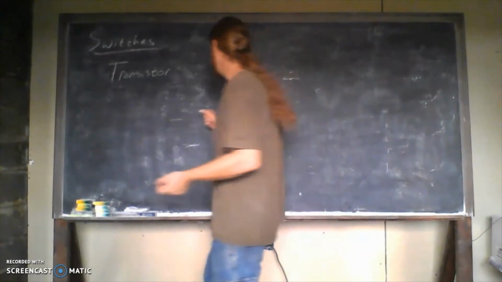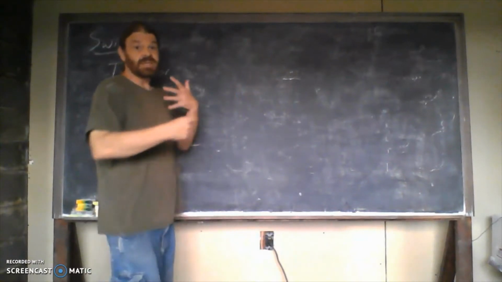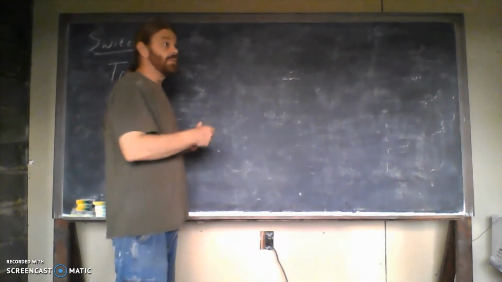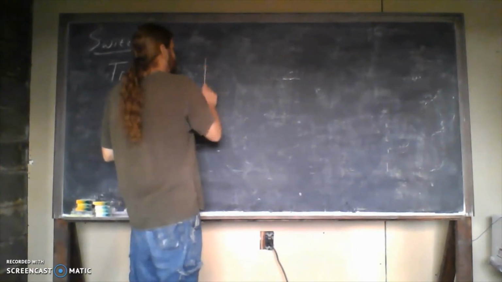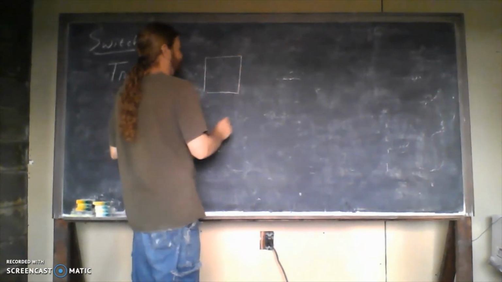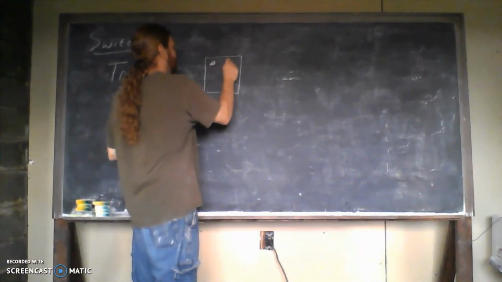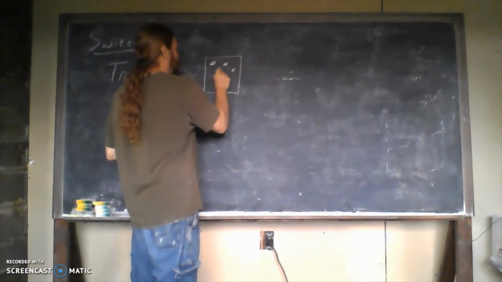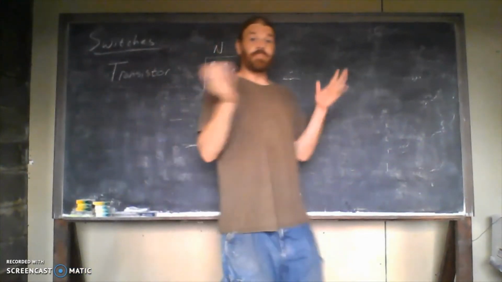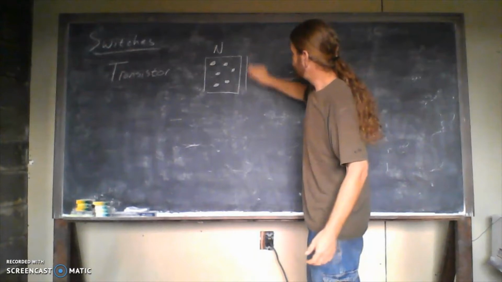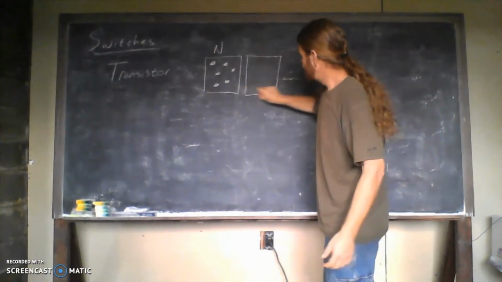Once we have those types of silicon with those distinctive properties, obviously the ones with extra electrons, the N-type silicon, we're going to have extra electrons, so that's our plugs. And our P-type silicon, we can basically make a sandwich out of it.